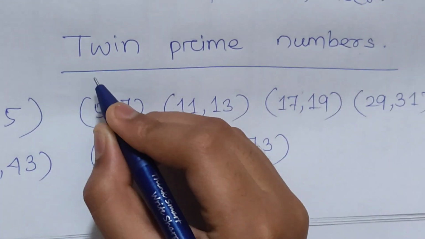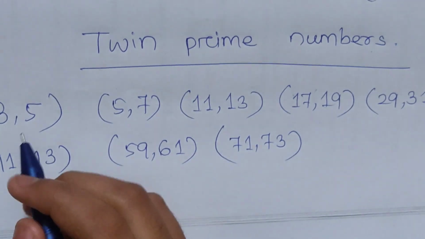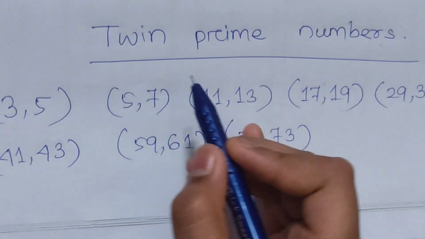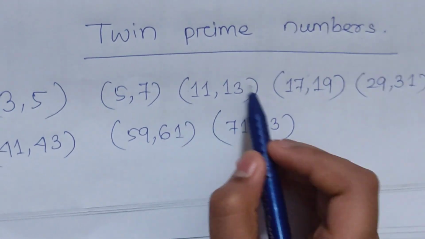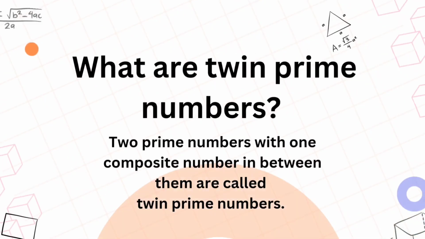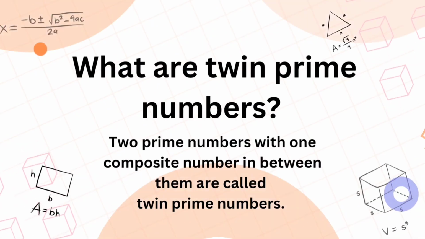Let's move towards twin primes. 3 and 5 are 2 prime numbers. 5 and 7 are also prime numbers. 11 and 13 are prime numbers both. These numbers are called twin prime numbers. Two prime numbers with one composite number in between them are called twin prime numbers.